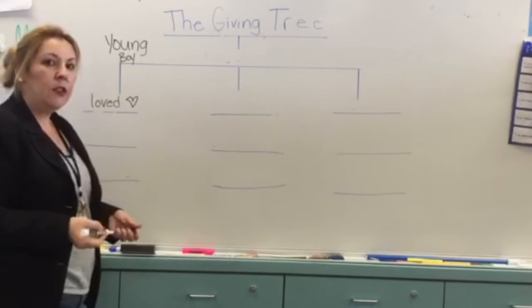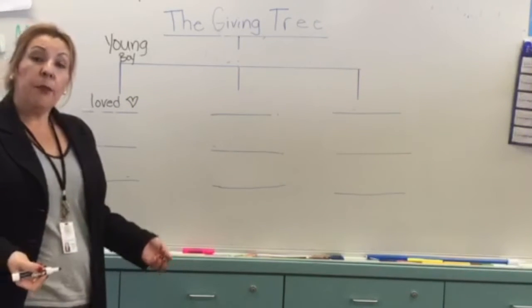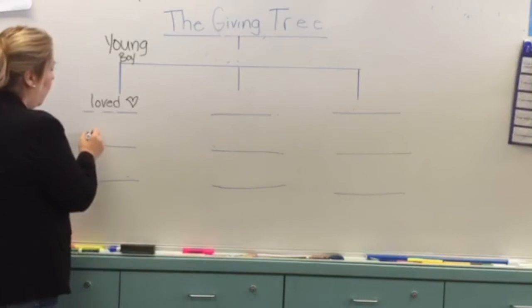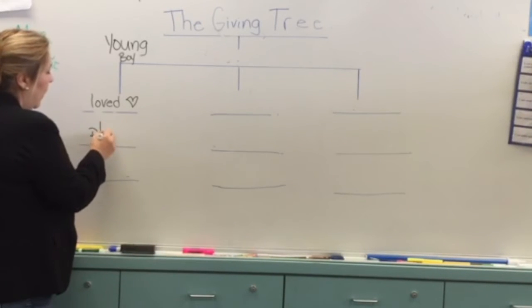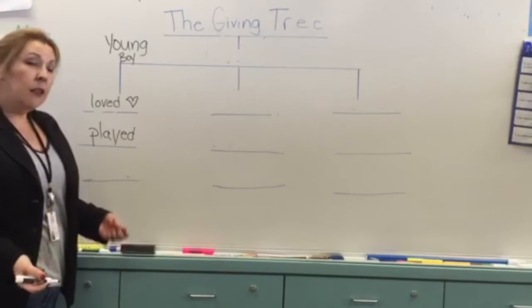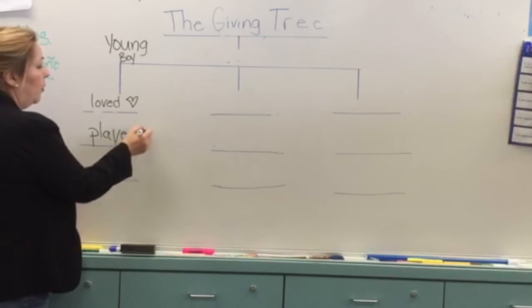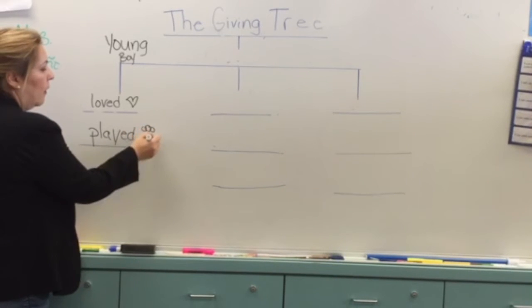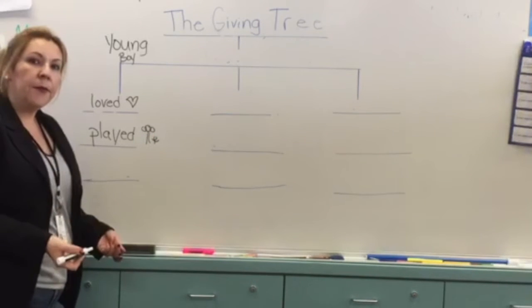Okay, they loved each other. And they played. So the boy and the tree, for my English learners, I might put the tree and the little boy next to them playing.